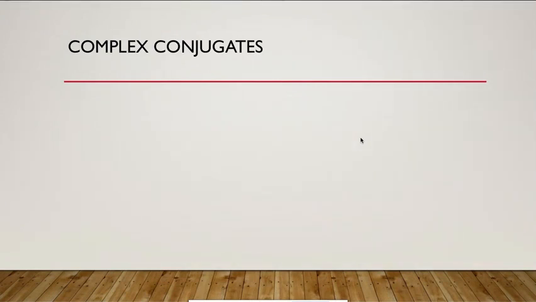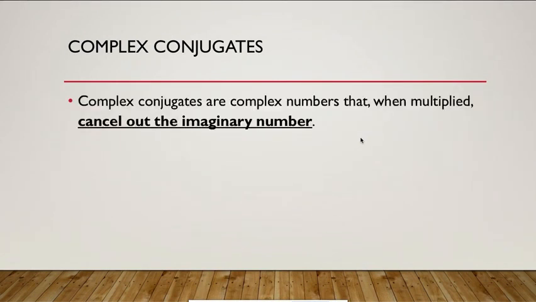So let's just take some notes on the definition of a complex conjugate. Complex conjugates are complex numbers that, when multiplied, cancel out the imaginary part. They cancel out the imaginary number. They're not exact opposites, you can't really say that, but they are in some ways opposites of each other, which you will see.